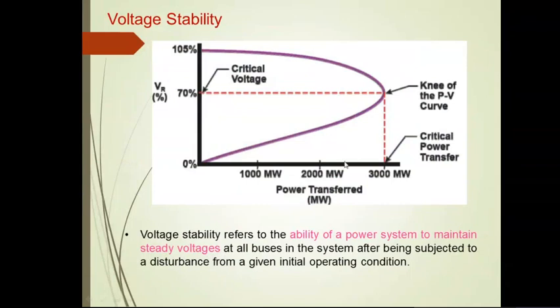As shown over here, on the x-axis we have the change in power, and this is active power. On the y-axis it is the voltage variation.